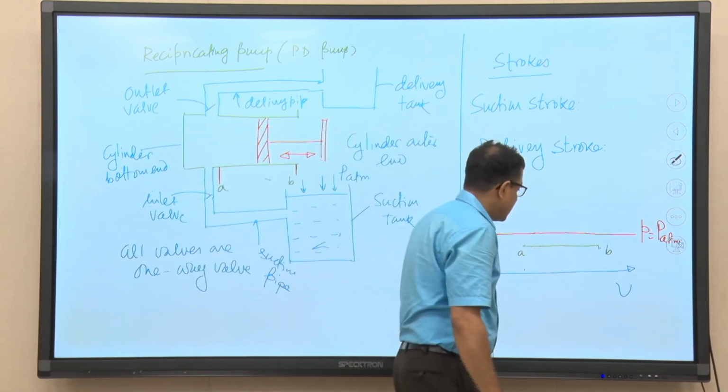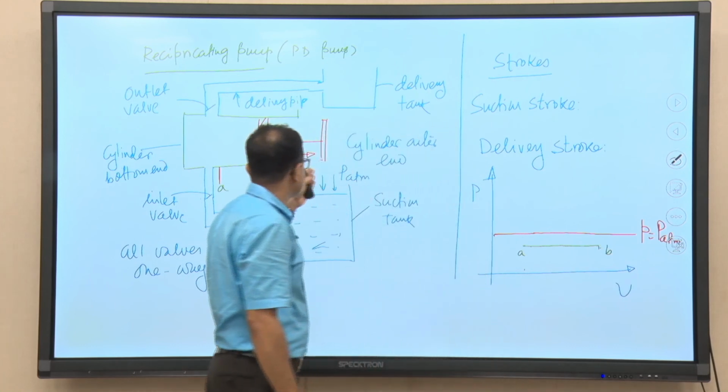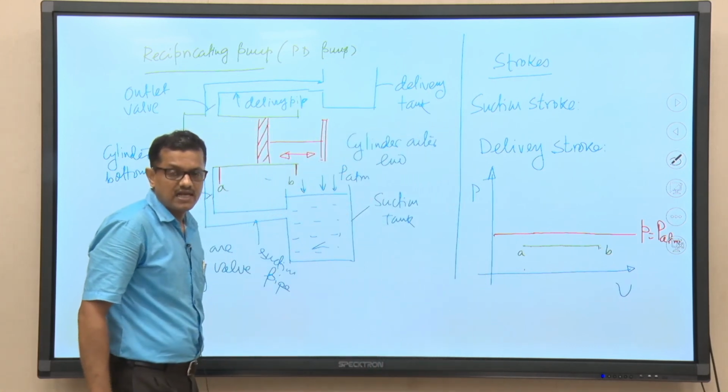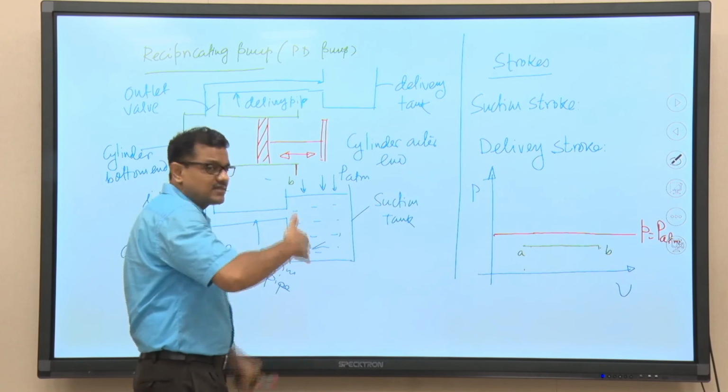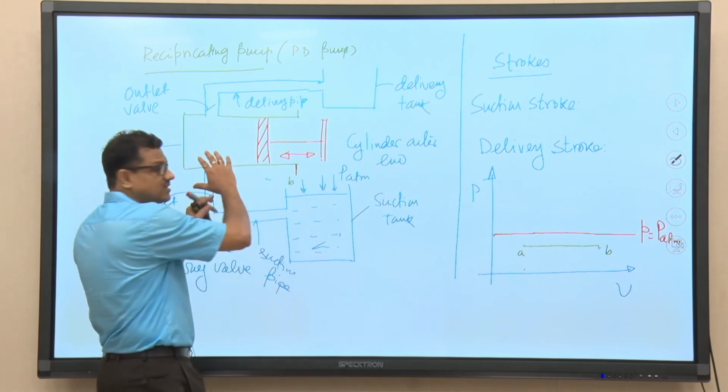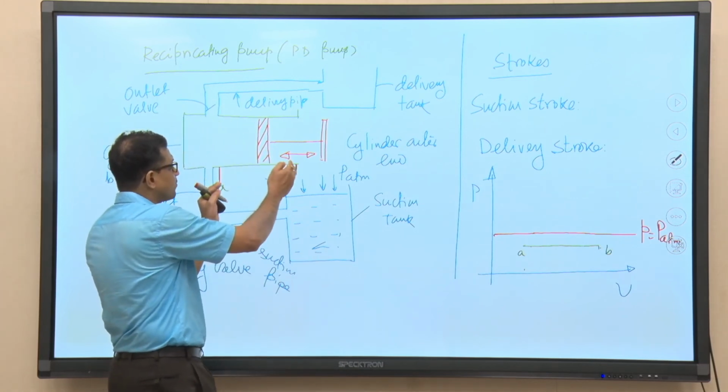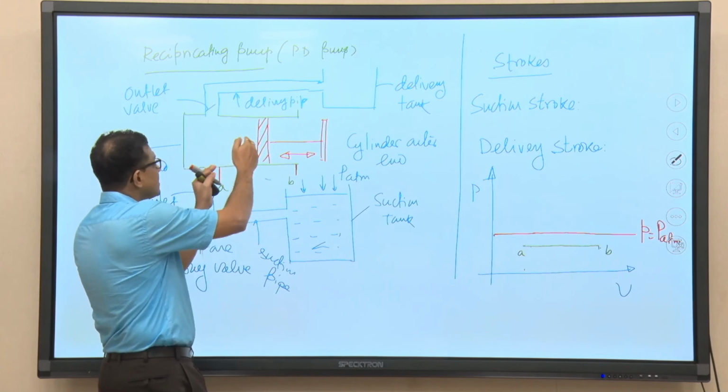Now, at point B, when the piston is at the cylinder outer end, the next stroke is the delivery stroke.